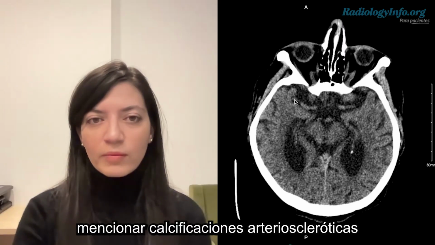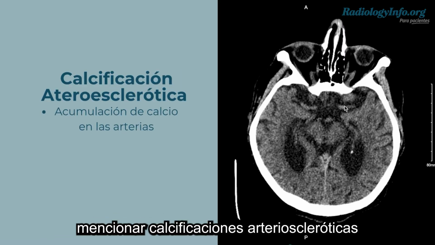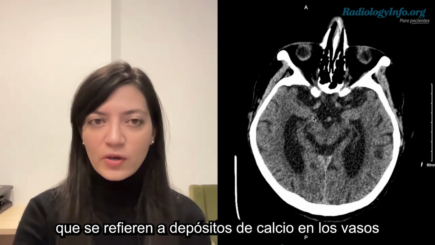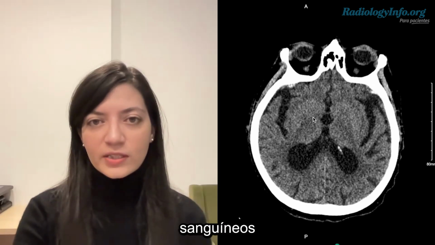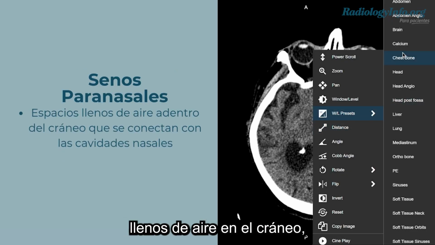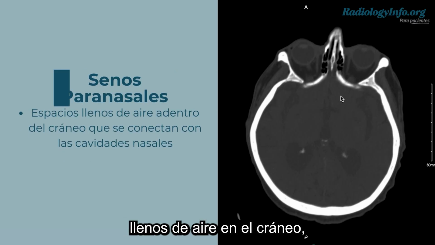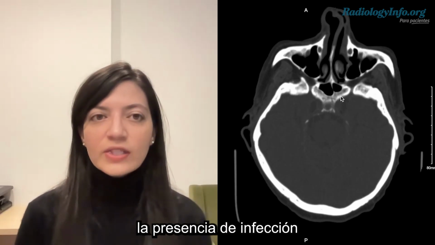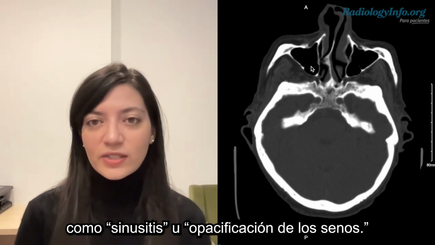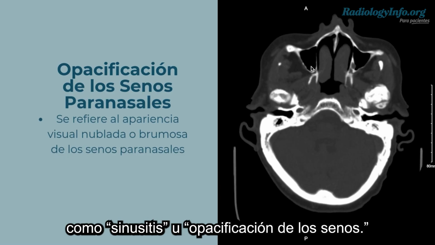Additionally, the report may mention atherosclerotic calcification of the vasculature, referring to calcium deposits in the brain's blood vessels due to atherosclerosis. The sinuses, which are air-filled spaces in the skull, will be evaluated for signs of infection or inflammation, described in the report as sinusitis or sinus opacification.